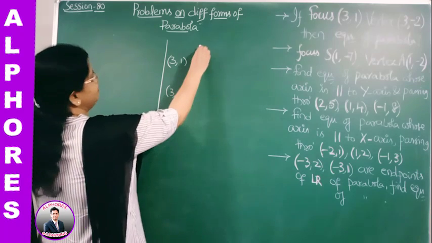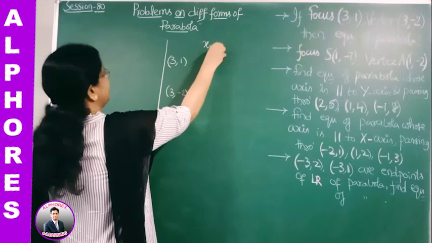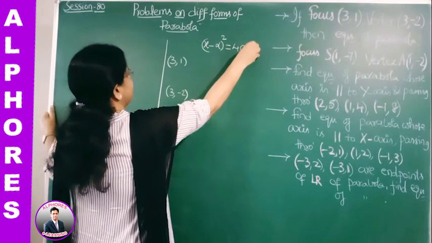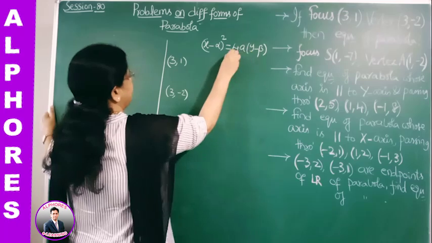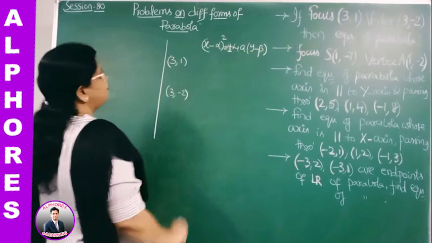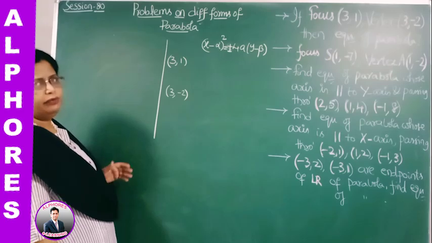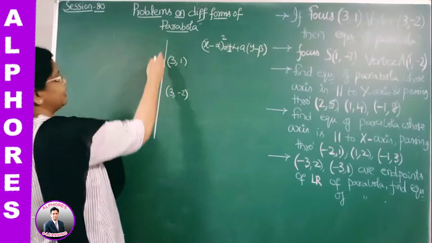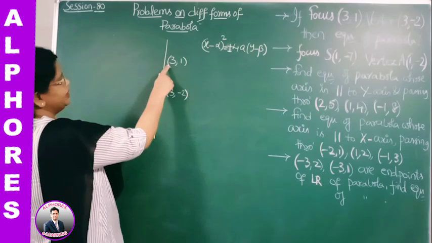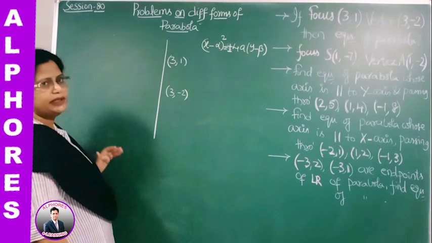The standard form is x minus alpha whole square is equal to 4a times y minus beta, or it can be minus 4a also. That means it is plus or minus 4a into y minus beta when the axis is parallel to the y-axis, because this is 3, 1 and this is 3, -2.